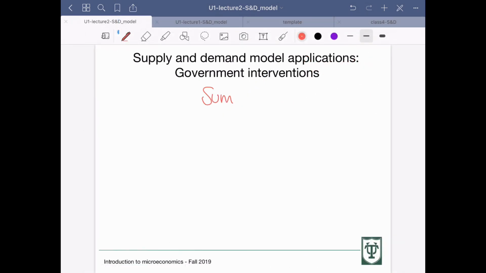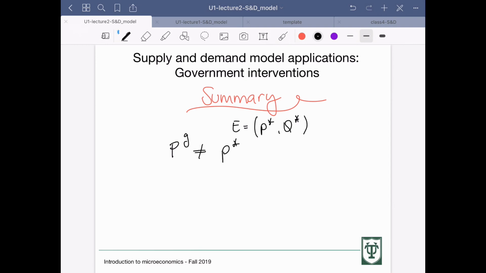As a summary, when our economy has an equilibrium price of P star and a quantity consumed and produced that we reach between the suppliers and consumers, and the government sets a price cap that is not the equilibrium price, then we have a market inefficiency.